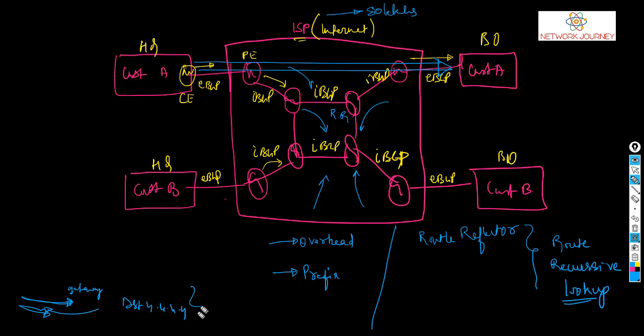We call this recursive lookup. Now even if you make use of a route reflector, the concern with recursive lookup will make the whole design slower for other customers, because as I told you there are 80 lakhs of prefixes here, so other customers are impacted because of this kind of design.